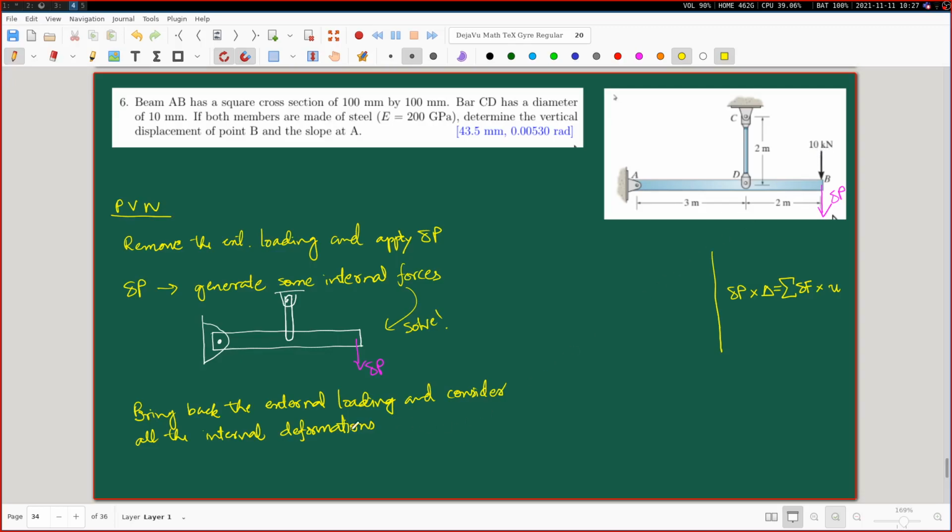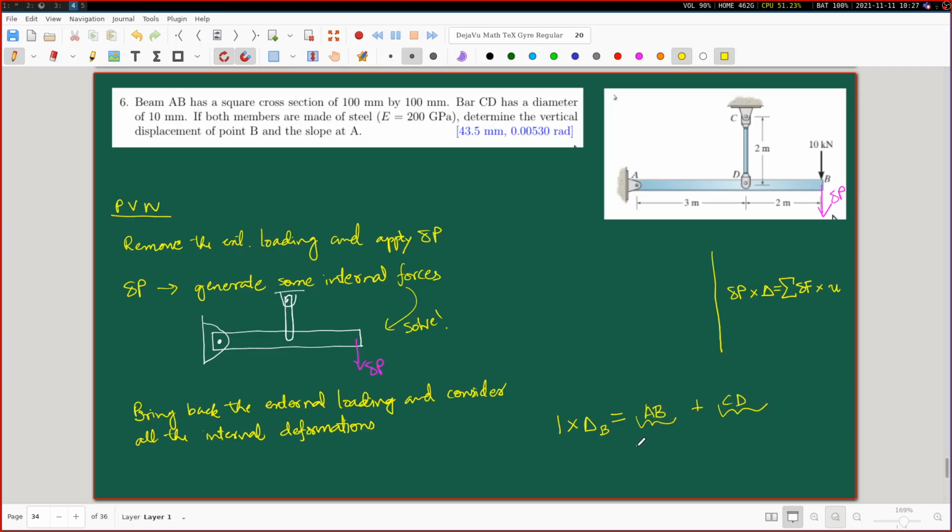Now you just write like this: 1 into delta, so this delta P is equal to 1, and this delta is the deflection at the point B. On the right hand side, you are going to consider first the part associated with AB and then the part associated with CD.